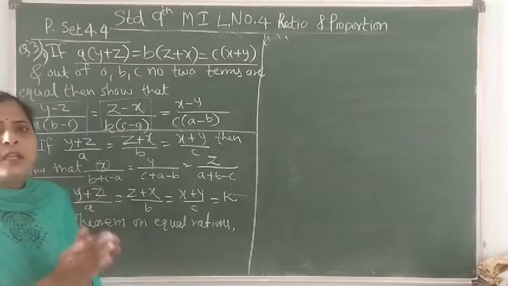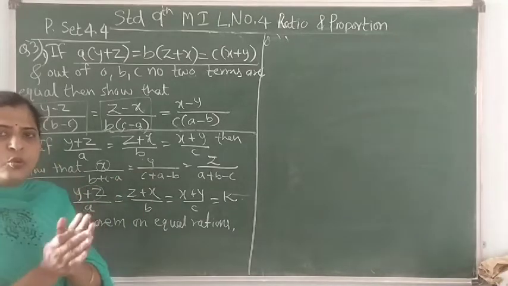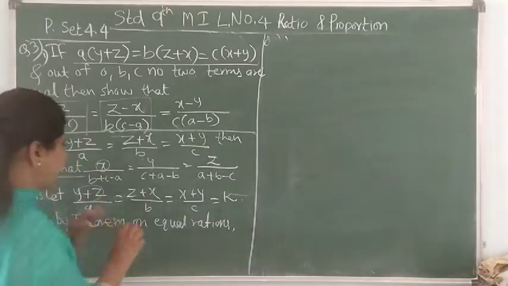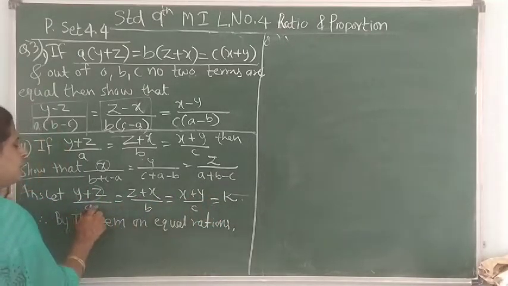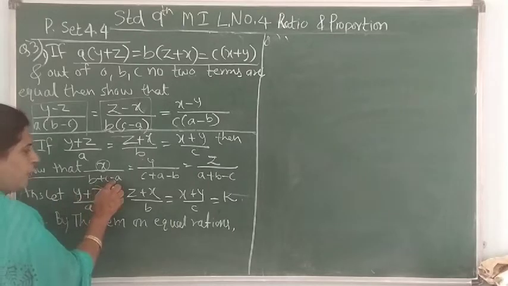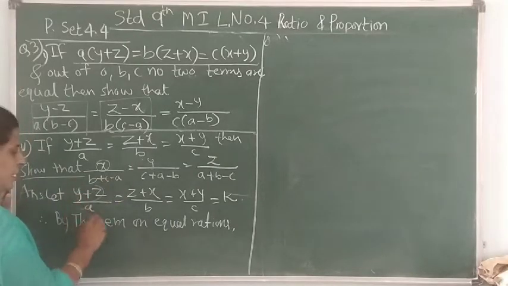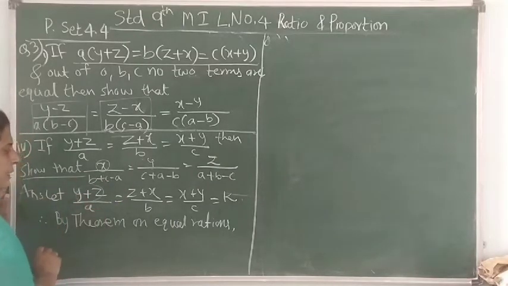Go from one term to many terms. This is my clue. So here whatever we have written equals k, one term is in the denominator, and in what we have to prove, many terms are in the denominator. So concentrate on the denominator.